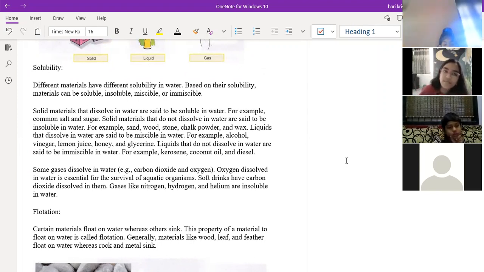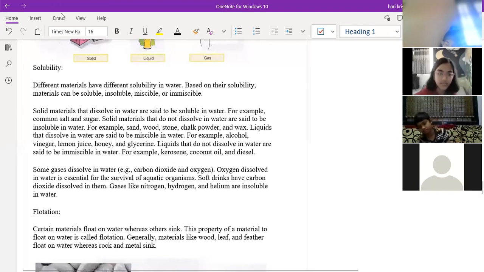What about Lohini? Miscible, sir. What about Ashwath?